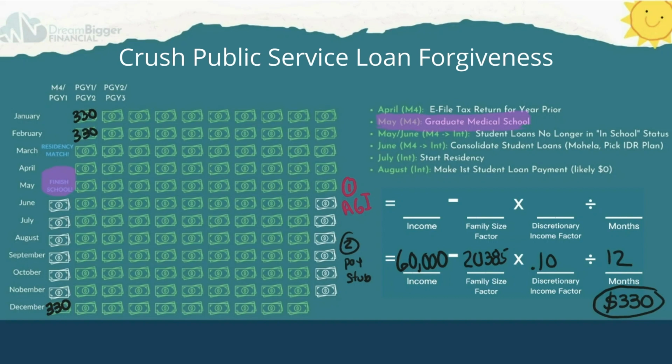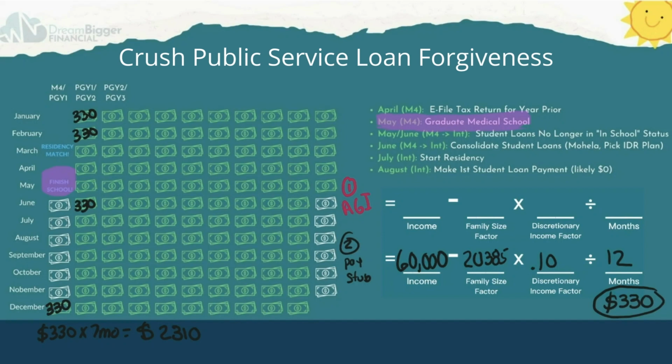So we would pay $330 per month, and I'm just going to end it in June, which is 7 months paying $330. So in our first year, using our pay stub, our payments would total $2,310.